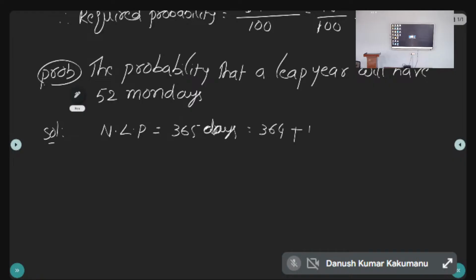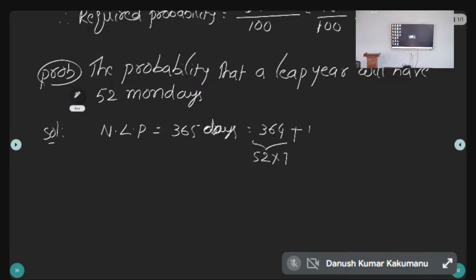Why do I separate 364 plus 1? 364 means 52 weeks are counted exactly, since 52 sevens are 364, you can verify. It means that up to 364 days, there are 52 Sundays, 52 Mondays, 52 Wednesdays, all 52 are counted. One more additional day remains.